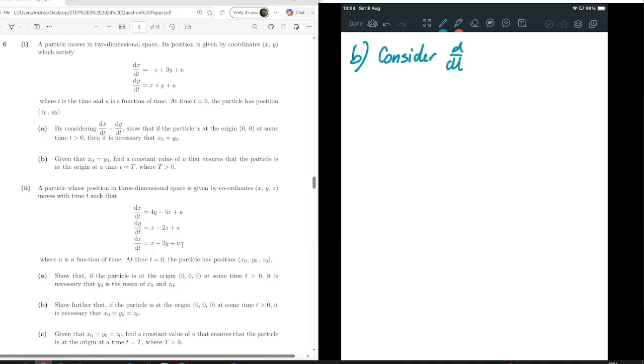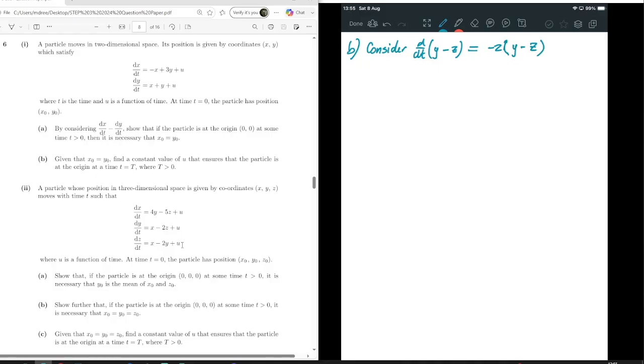the derivative of y minus z, which is equal to, and if I subtract those two equations, the x's cancel, the u's cancel, I'm going to be left with minus 2y minus z. Just double check that the signs have worked fine.